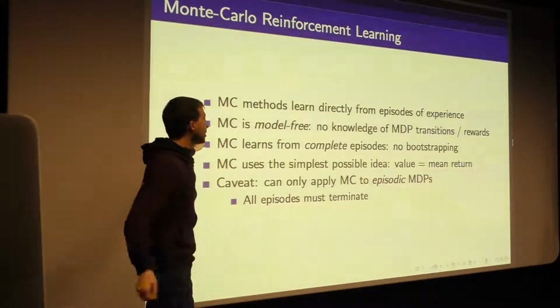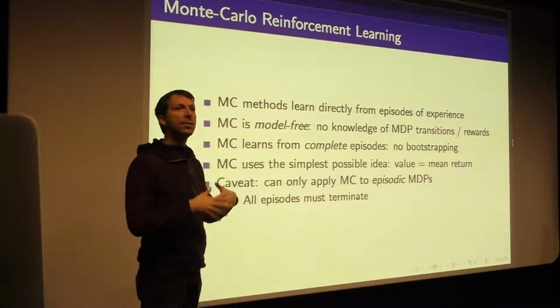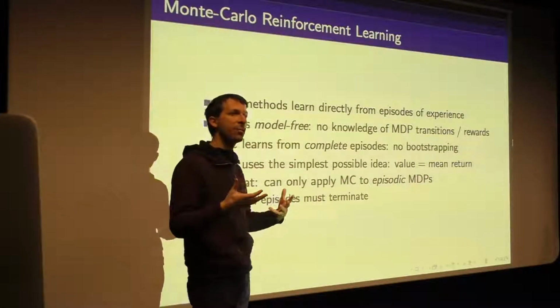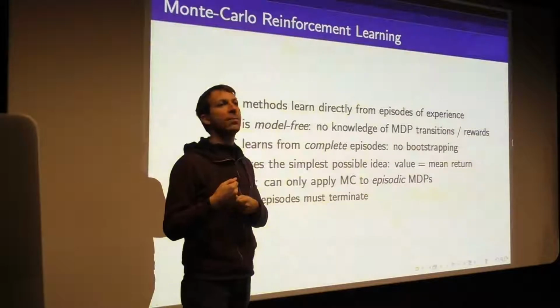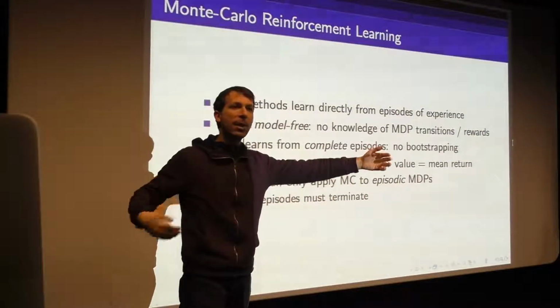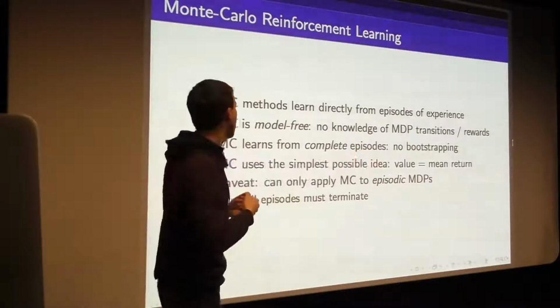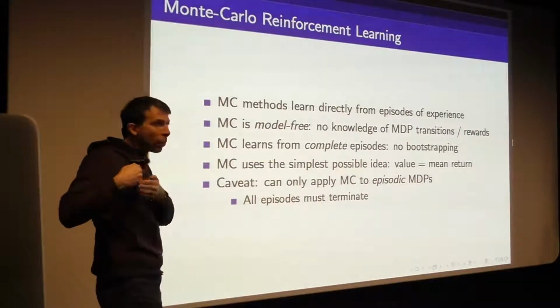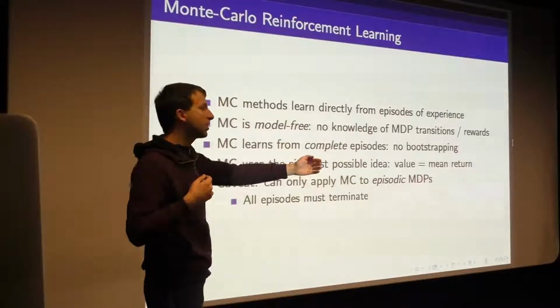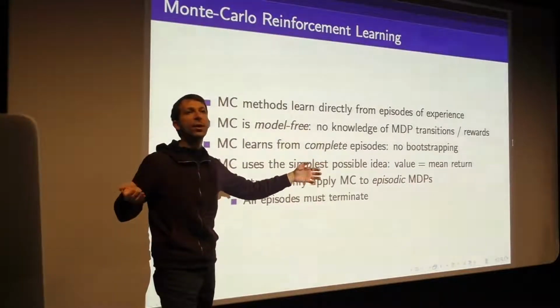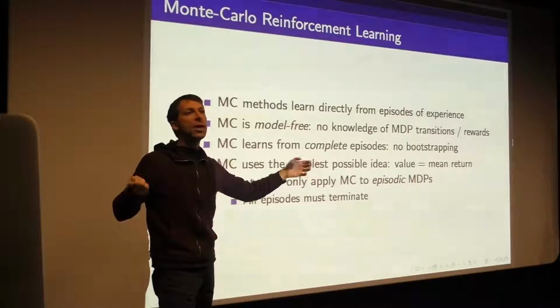And what we're going to do is look at complete episodes. So this is really suitable for episodic tasks, like a game or something, where you start at the beginning of your game and you play for some number of steps, and then the episode always terminates. And we're going to go all the way through our episodes, and use the simplest possible idea to estimate the value function, which is just to take sample returns.